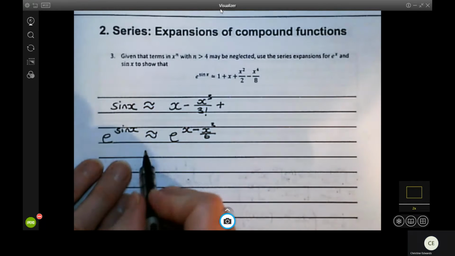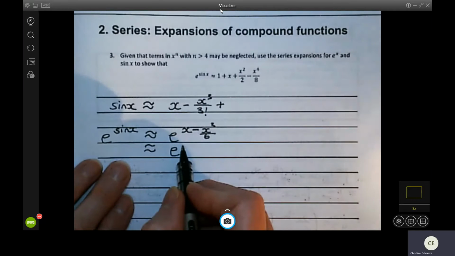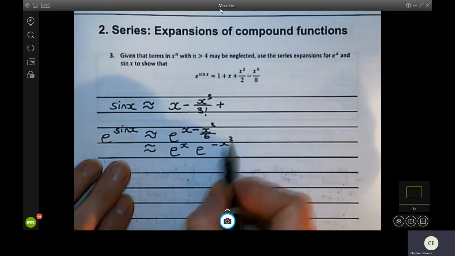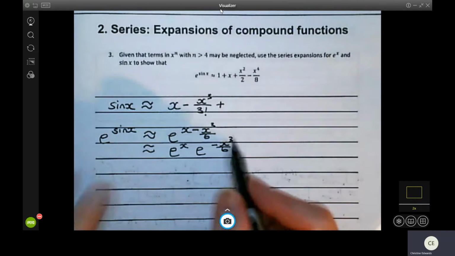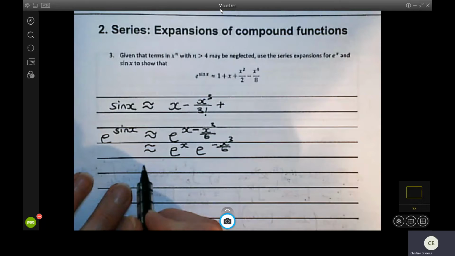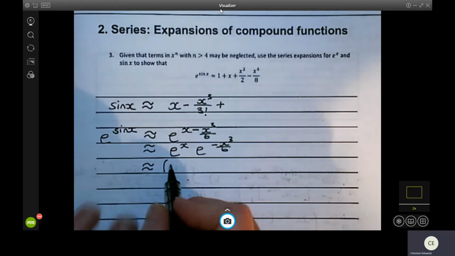Now, let's work with the exponentials there. That's e to the x times e to the minus x cubed over 6. Expanding both of those using the expansions from the formula book.